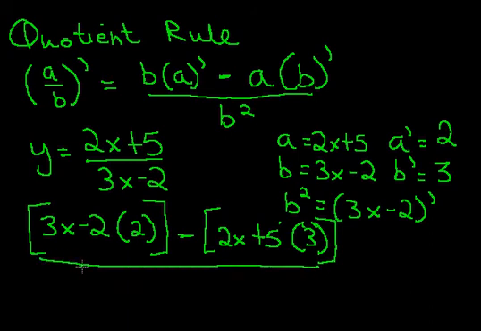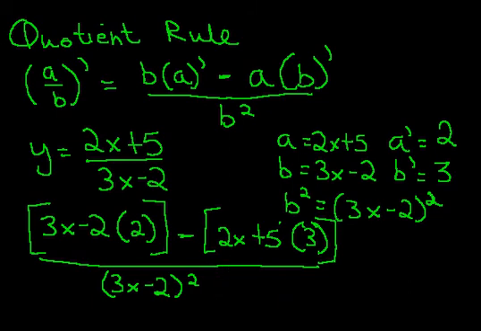And then this is all over B squared, and B squared is, oh, I don't know why I wrote prime there, this should be squared. It's (3x minus 2) squared. So now this is pretty much it. We need to simplify this, but this is basically our answer.